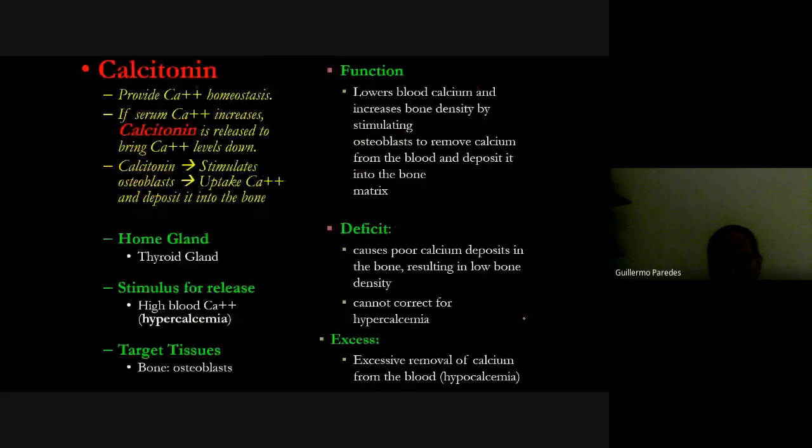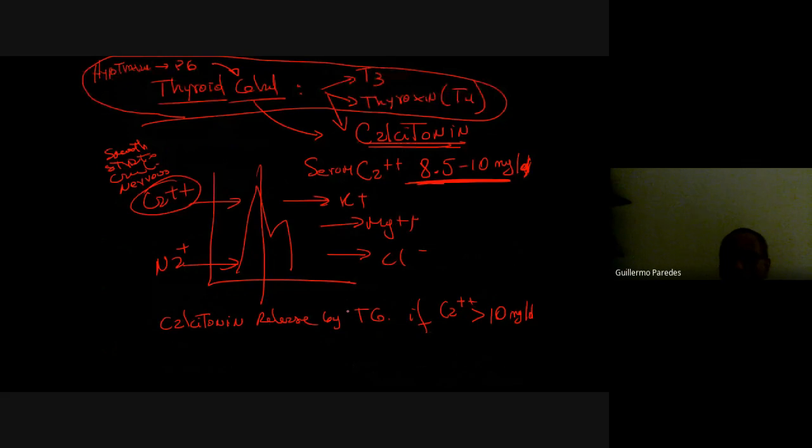When calcium is too high in your blood, it produces muscle relaxation because it's totally jammed, so jammed that the muscle contraction does not happen. So what calcitonin does is remove the excess of calcium from the blood. And where do they put it? They put it into the bones.